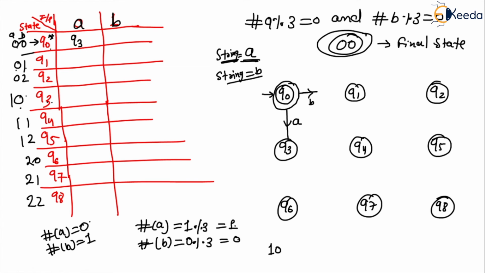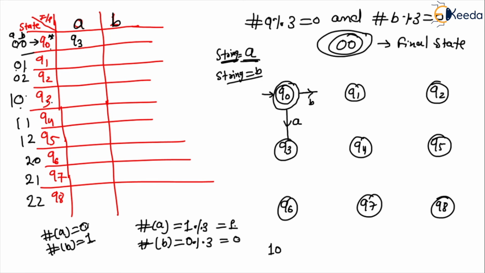So when we divide 0 and 1 by 3, just remember one point: when the count of A and B is less than 3, the remainder is exactly the same as the count. Means when the count of A is 0 and the count of B is 1, dividing by 3 gives the remainder as it is, 0 and 1. The same remainder 0 and 1 is generated.